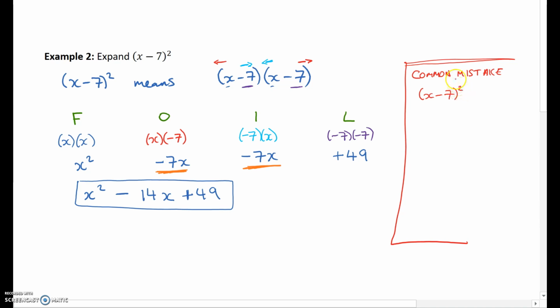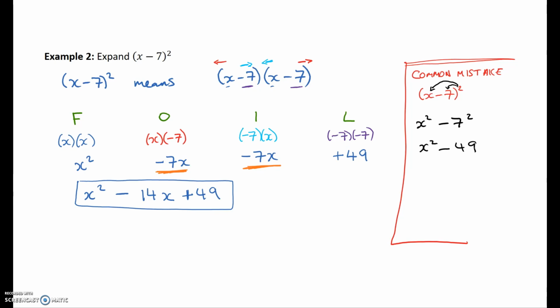And the mistake that people make is that they think that you're allowed to distribute the 2 in here. And they get x squared minus 7 squared, which is x squared minus 49. And as you can see, that's not at all like the right answer.